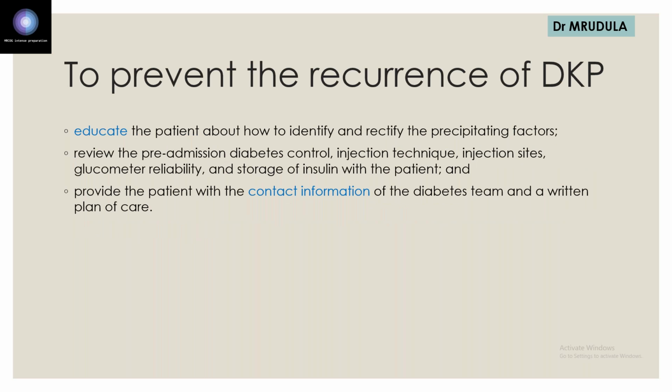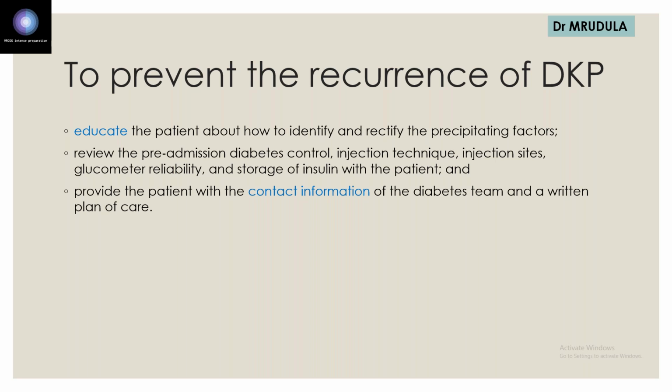Now to prevent recurrence: the patient has developed DKP and has been treated, and to prevent further recurrence, you have to educate the patient regarding how to identify and rectify the precipitating factors. Review her pre-admission diabetes control, injection technique, injection site. Whether she is taking it correctly or not, whether her glucometer is reliable or not, and whether she has an adequate amount of insulin available with her.